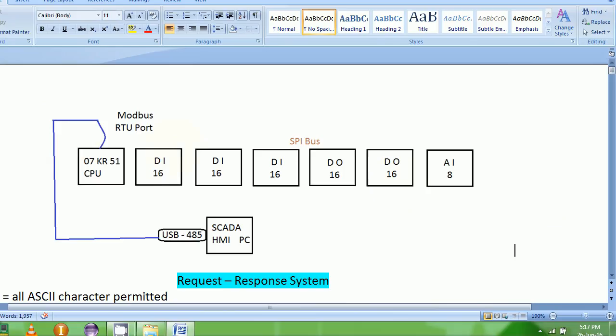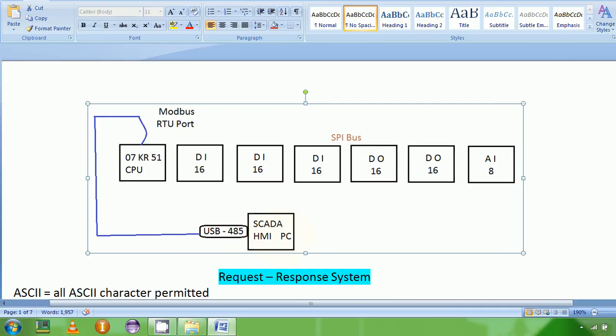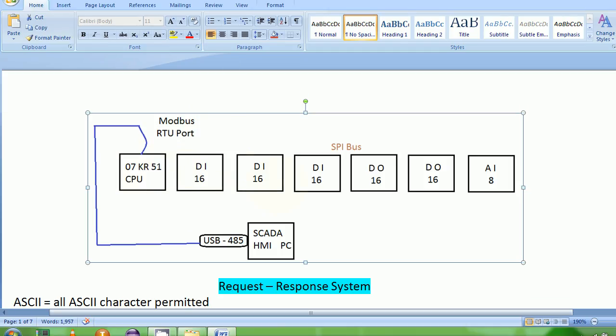This is what I wanted to share, that this is how my setup is at this moment. I've got ABB's PLC 07KR51. This is the CPU. This is my laptop. I've got a USB 485 converter which talks to the Modbus port of the PLC, and then I've got 3 digital input modules, 16 channel, 8 at the top, 8 at the bottom.